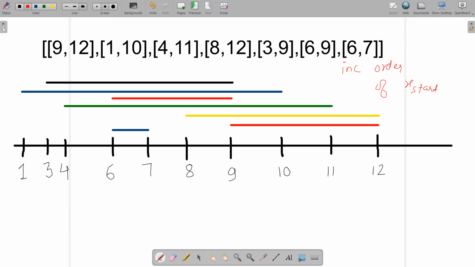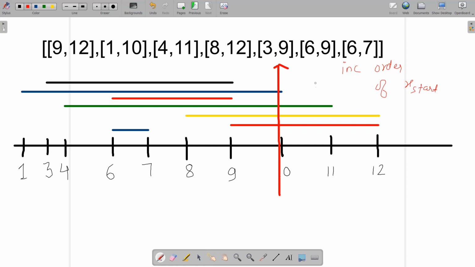You can see this is the balloon whose x start is minimum. So I will move to its x end and file an arrow at this position, which is x equal to 10. If I file an arrow here, what is the minimum number of arrows required to burst all the balloons?